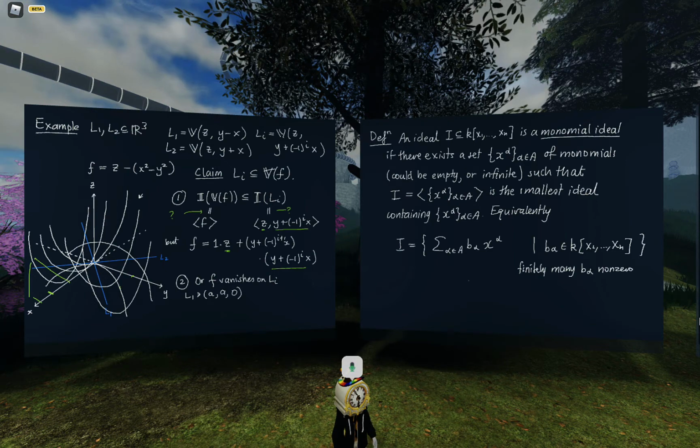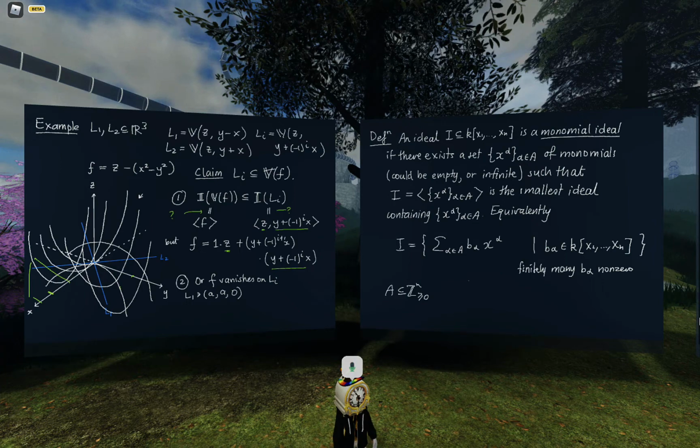Okay, so that collection is an ideal, and if I is of that form for some monomials, then we say it's a monomial ideal, right? So this is not ranging over all tuples, just over the ones indexed by this set A, being a subset of all tuples. So the ideal 0 is a monomial ideal.